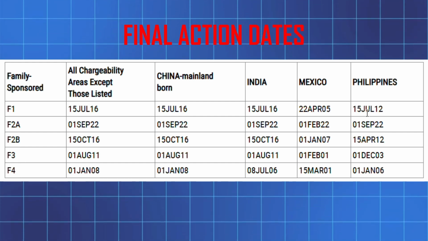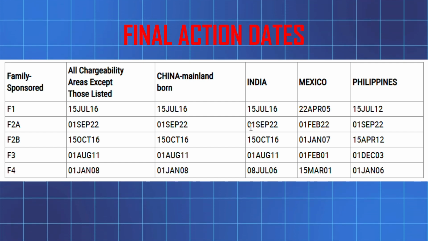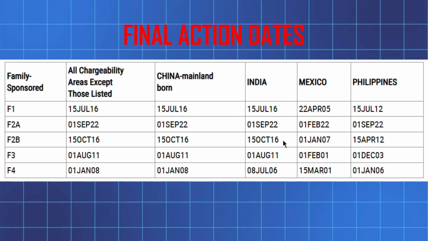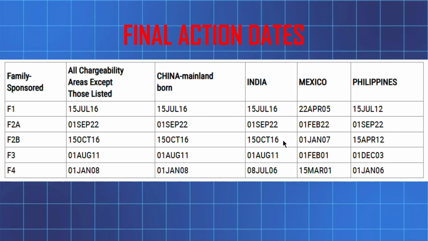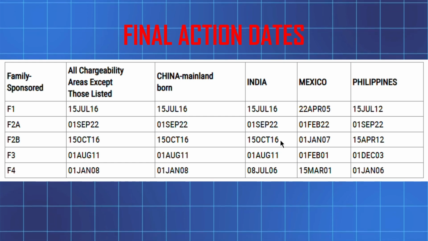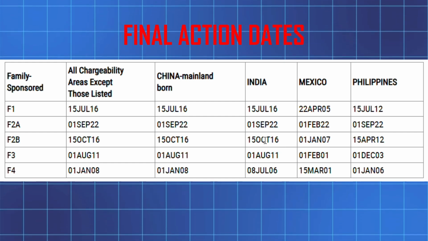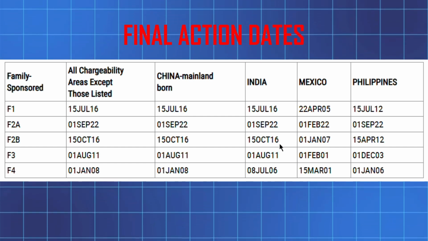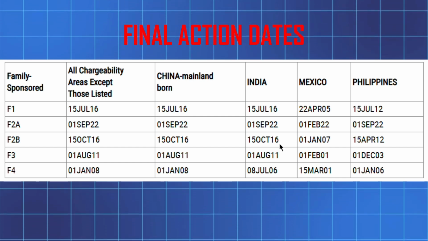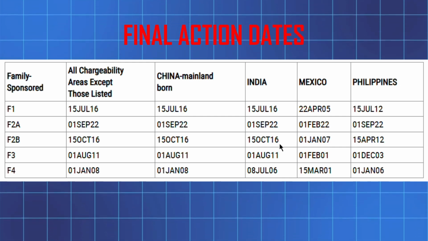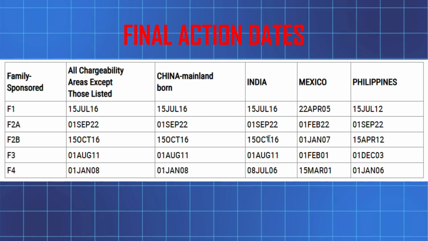So let's say you're from India, you're in F2B category, and your priority date is December 1st, 2016. You check the date here in the cutoff date, which is October 15, 2016. But since your priority date is December 1st, 2016, it's not current yet because the date in the chart comes before the priority date.